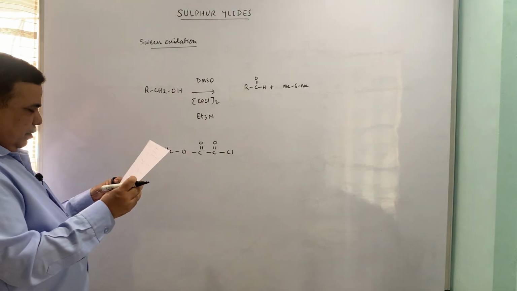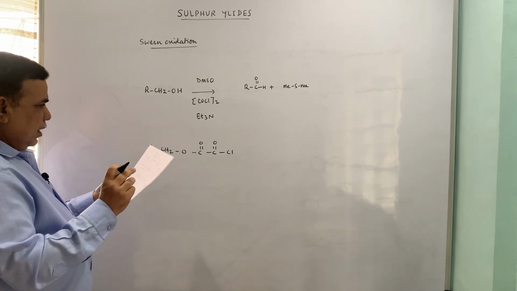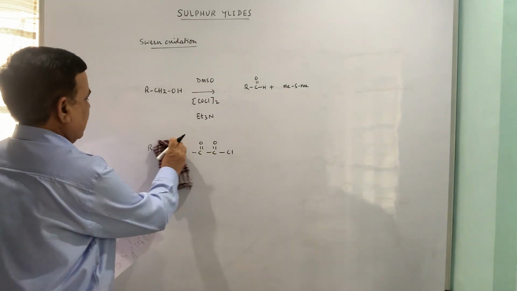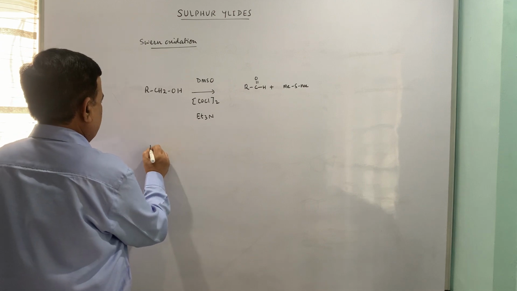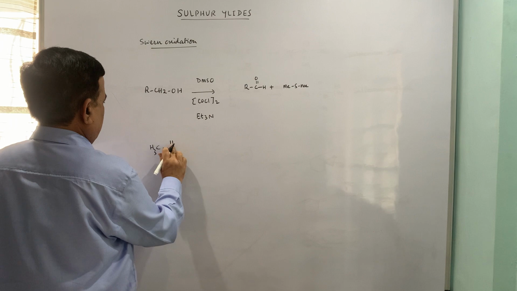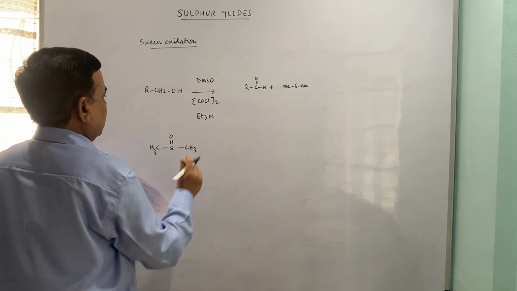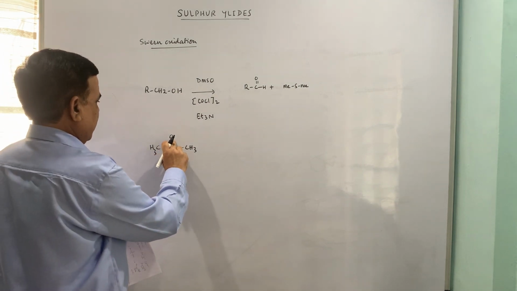Initially, not the alcohol, the dimethyl sulfoxide interacts. So the first reaction is between dimethyl sulfoxide and oxalyl chloride, so that you get the intermediate.